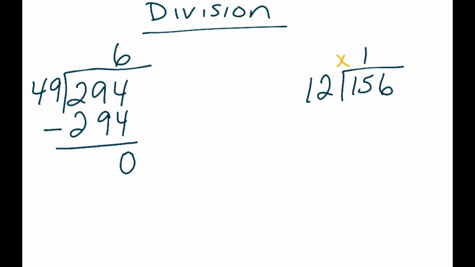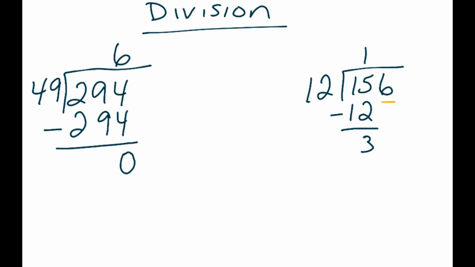Then we multiply 12 times 1. 12 times 1 is 12. And we write 12 under 15 because 15 is the number we're working with. The next step is to subtract 15 minus 12. 15 minus 12 is 3.